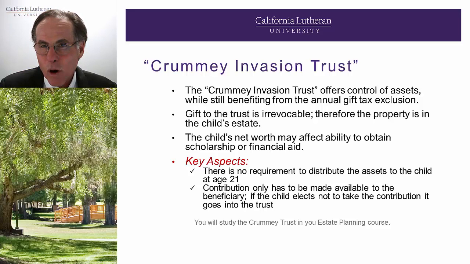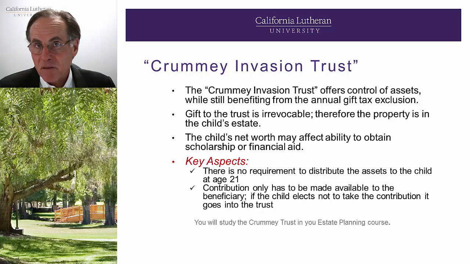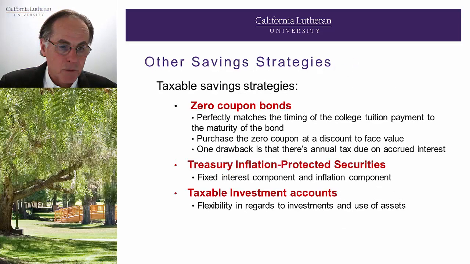You'll learn a lot more about the concept of the Crummey trust in your Principles of Estate Planning course. Note that the contribution to the trust is an irrevocable action. Therefore, the trust becomes part of the child's estate. As we've already discussed, this has implications on future access to financial aid and possibly scholarships.